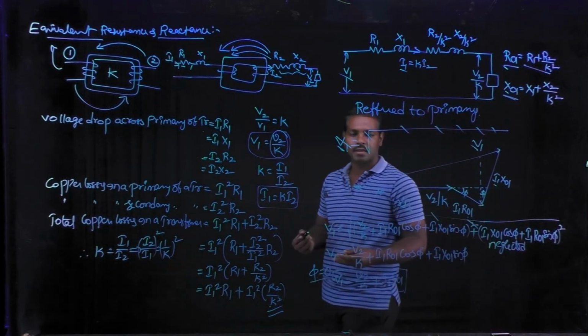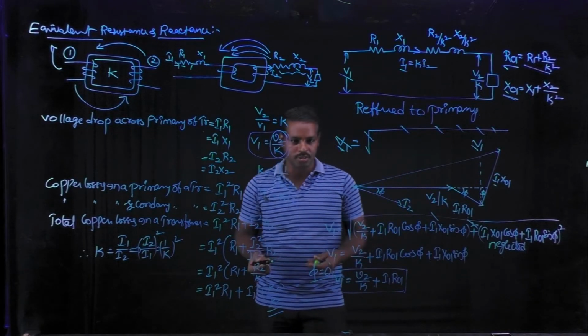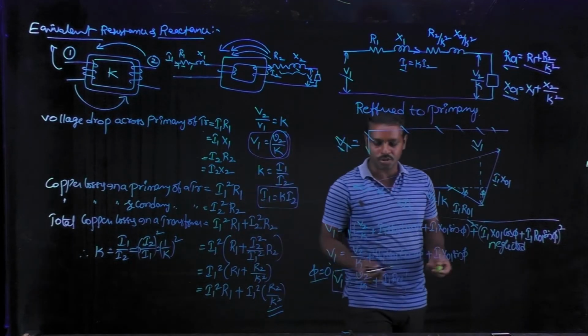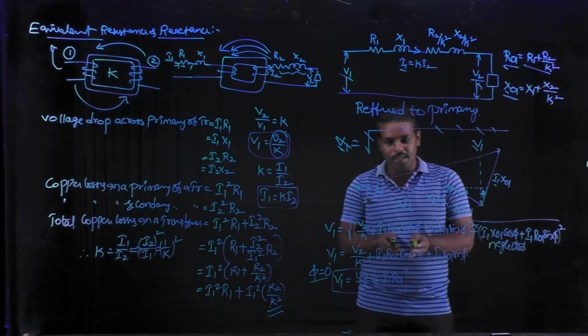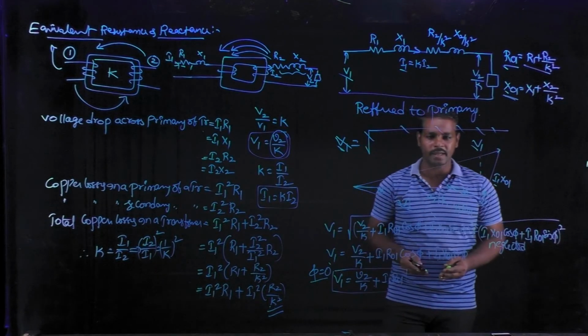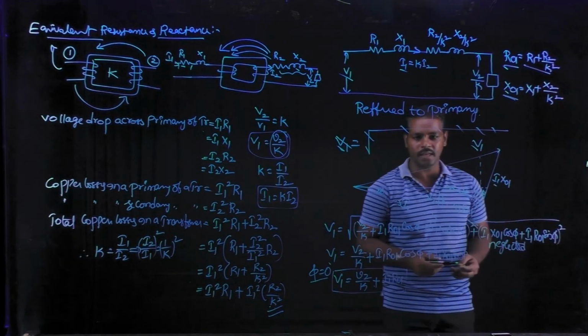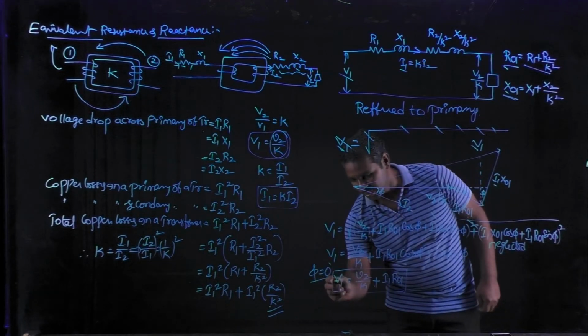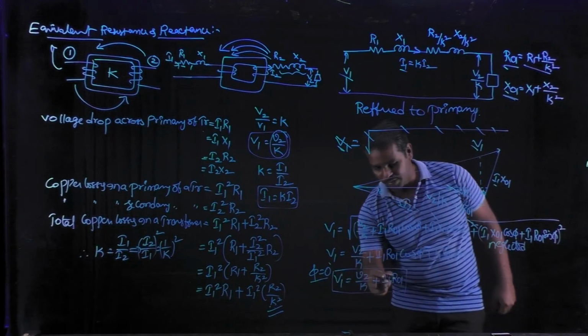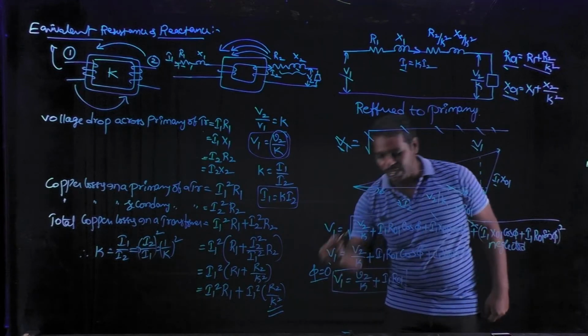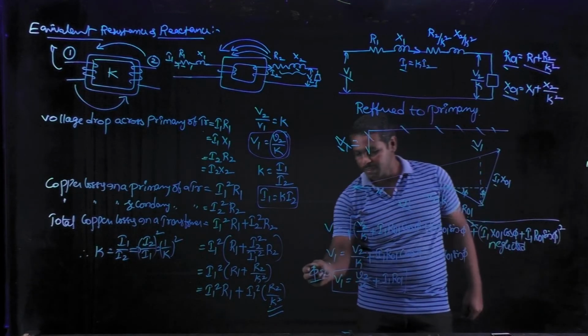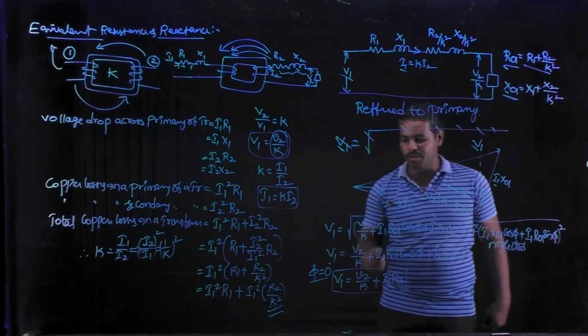Otherwise, we are operating capacitive loads. That means the current always leads the voltage by an angle of 90 degrees. So V1 is equal to V2 by K plus I1 R01, but phi takes a negative sign, that is, minus phi, leading nature.